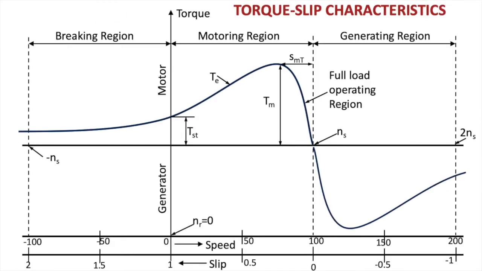Now with this torque expression, with the variation of the slip, we draw the torque-slip characteristics. Here you can see we have divided the torque-slip characteristics into three regions.